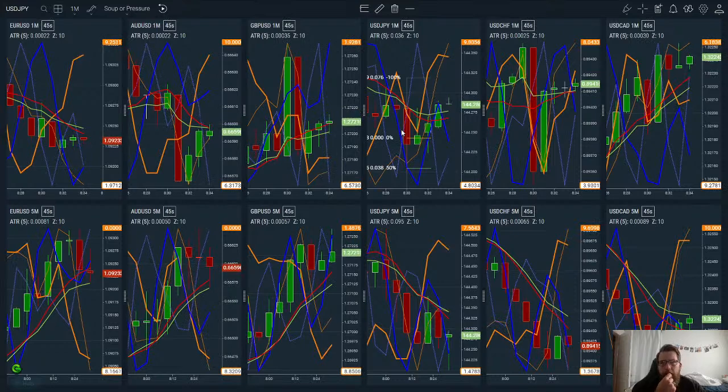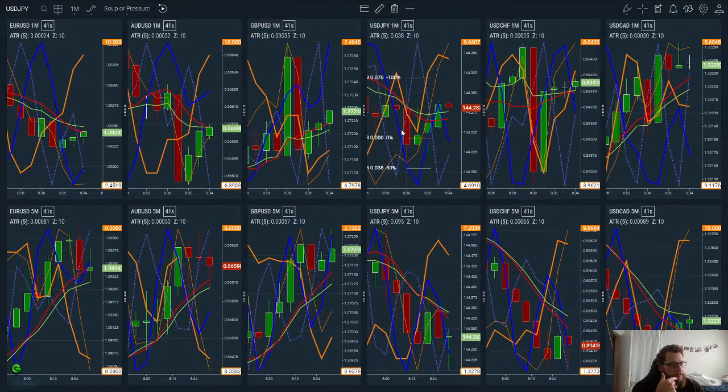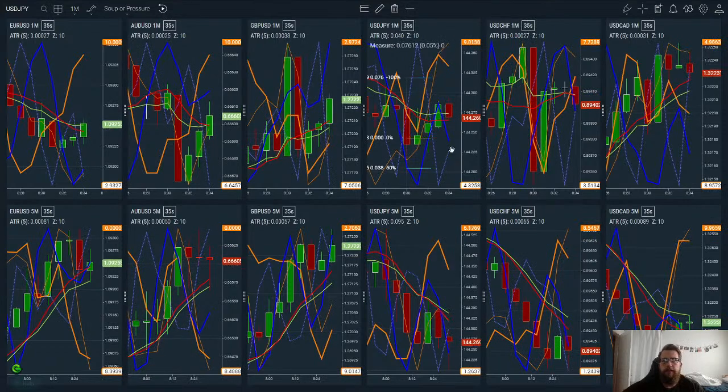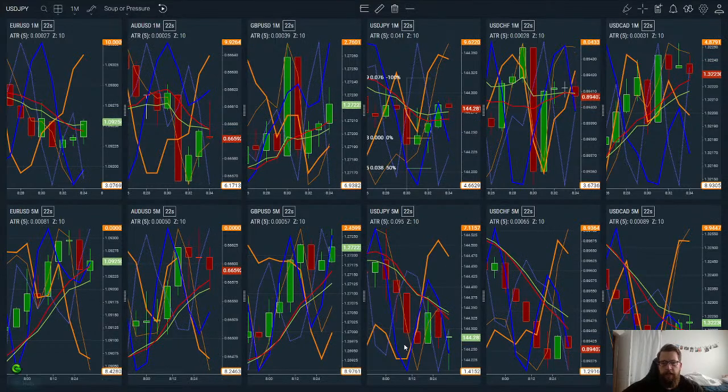Gosh, how awkward. Still just kind of chilling halfway between our entry and stop. Indicators on the 5 minutes still look good.